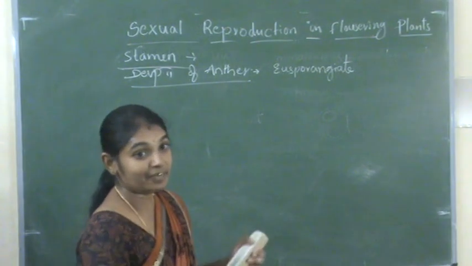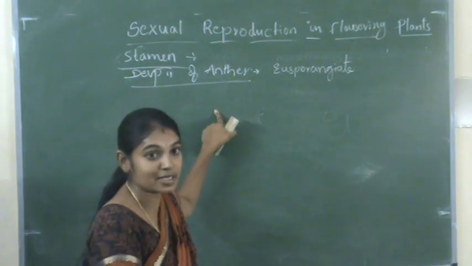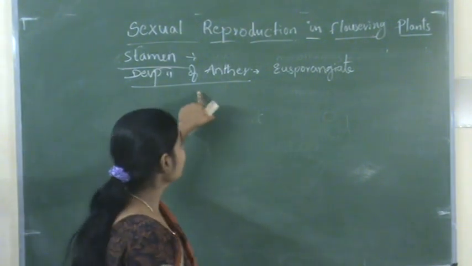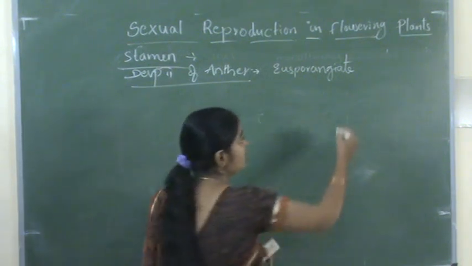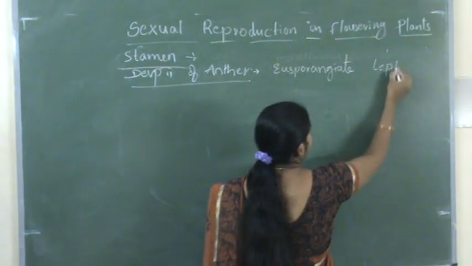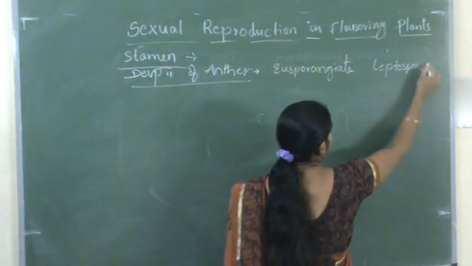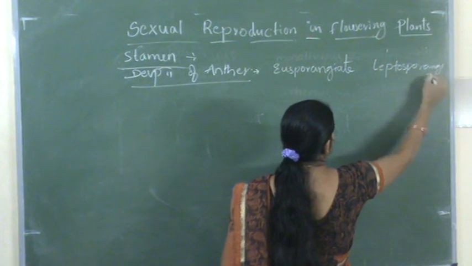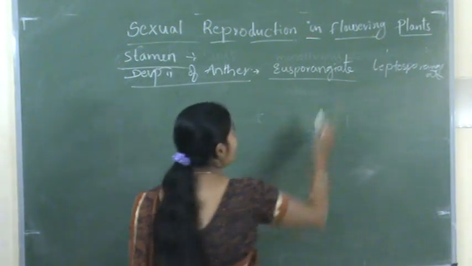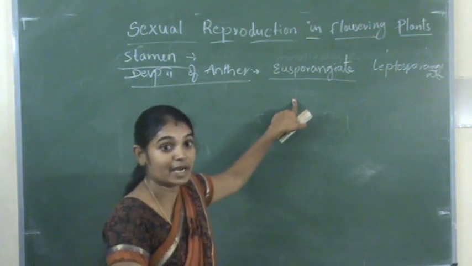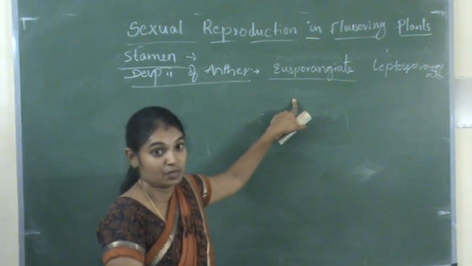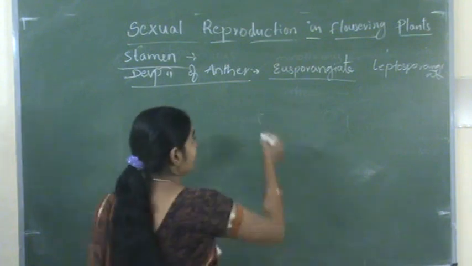There are 2 different types of development processes in plants by which anthers are developed: eusporangiate and leptosporangiate. Eusporangiate means the anther is developed from more than one epidermal cell.